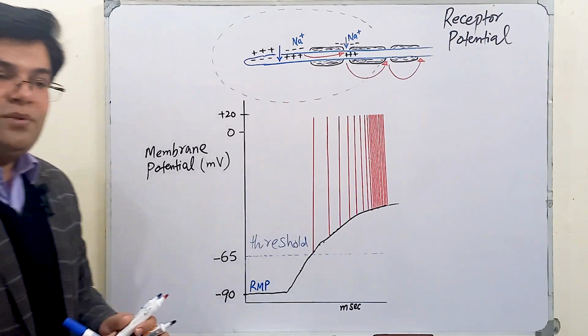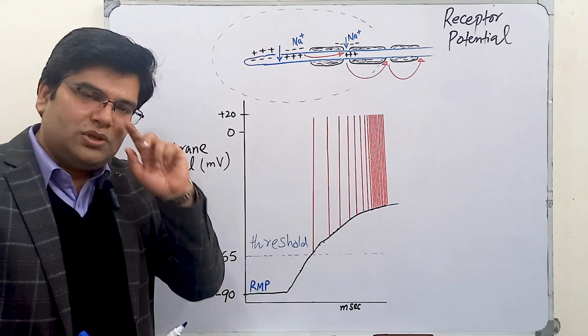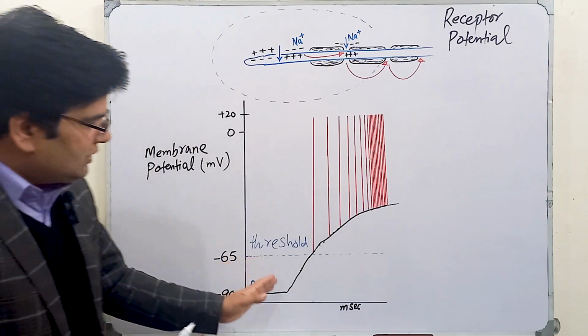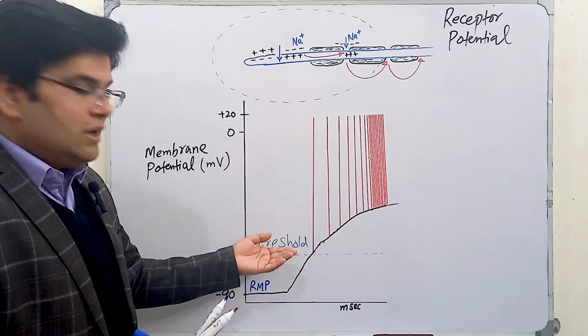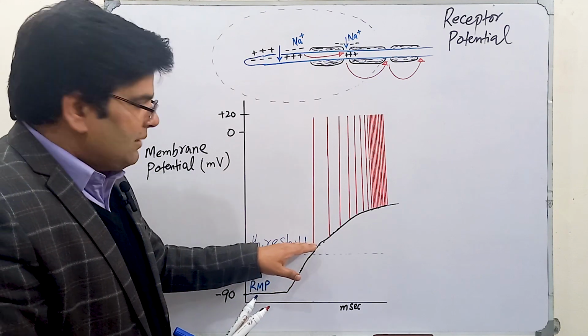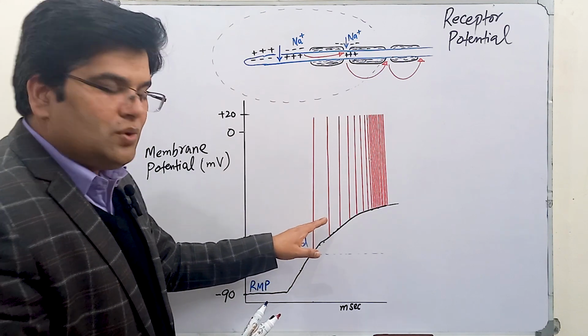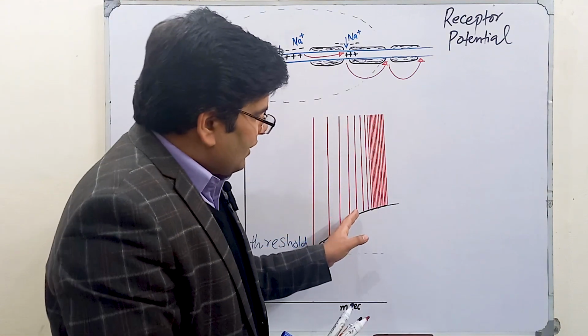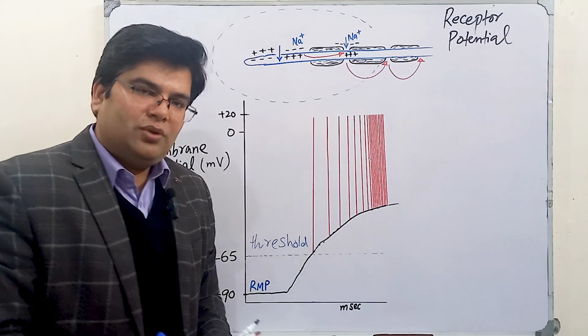If the value of receptor potential is less than the threshold, then action potential is not produced. But when the value of receptor potential goes beyond threshold, it becomes more than threshold, then action potential is produced. And the less the value of receptor potential, the fewer action potentials produced, and the more the value of receptor potential, the more will be the frequency of action potentials.